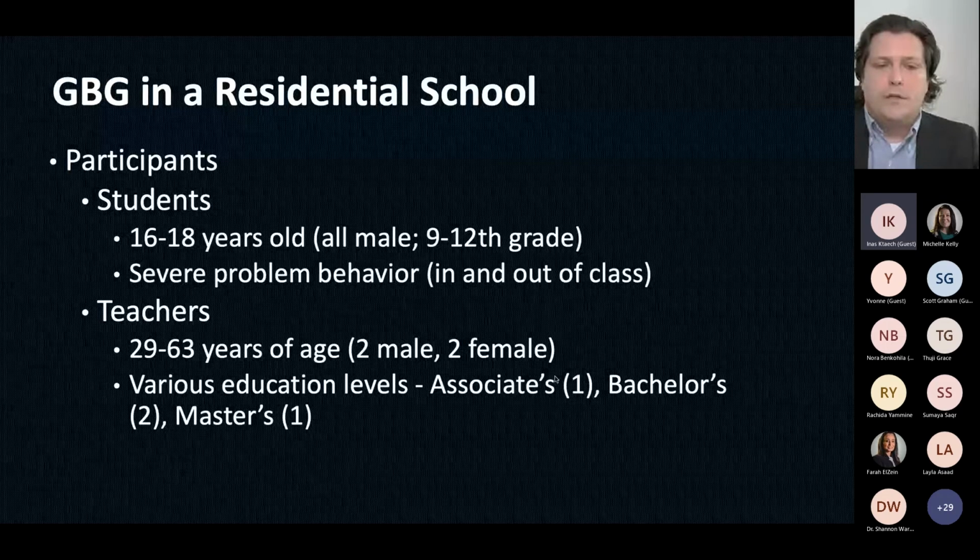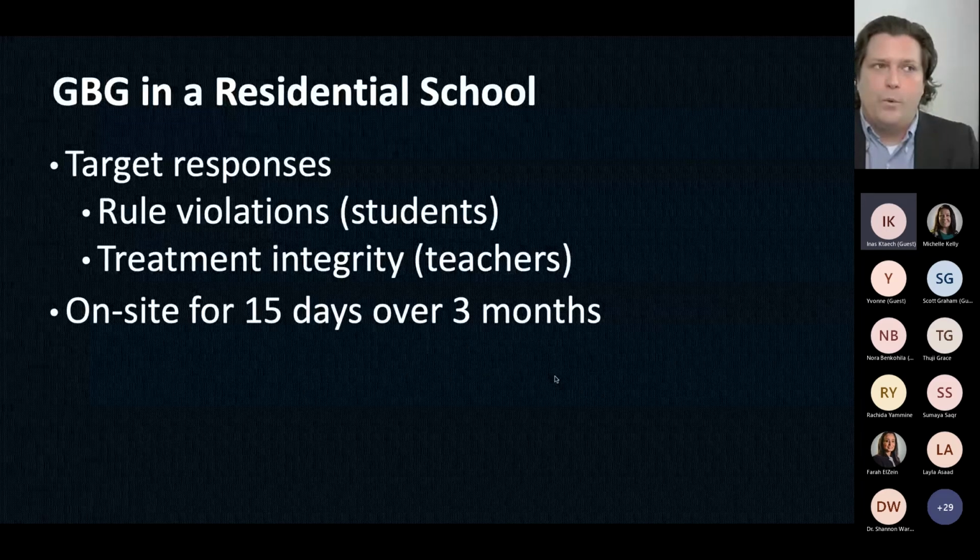The target responses, when we initially began this study, we were mainly interested in, will the good behavior game work in a setting like this? So we were targeting rule violations, but we were also monitoring the treatment integrity of the teachers who were playing the game. I think this was the first study to look at both scoring accuracy and procedural steps.